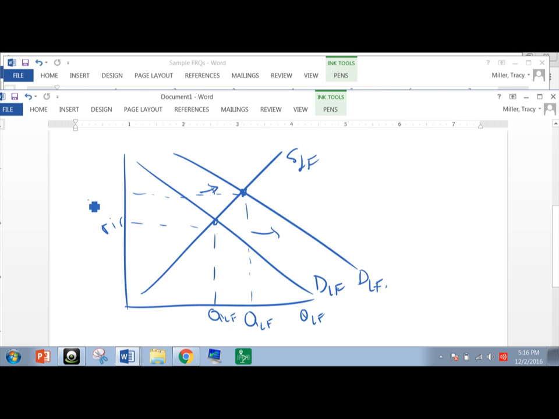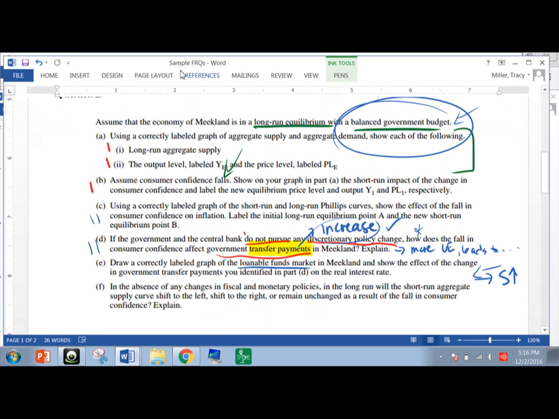Okay, and this is real interest rate. And just make sure it's clear. And then again, like we've always said, let's do real interest rates increase. Write a little note over here and just make it clear to the reader. Going back to the question, you're going to get 2 points for that. You're going to get 1 point for just making a loanable funds graph correctly, and then you get a second point for shifting the demand to the right and showing the effect on the real interest rate.